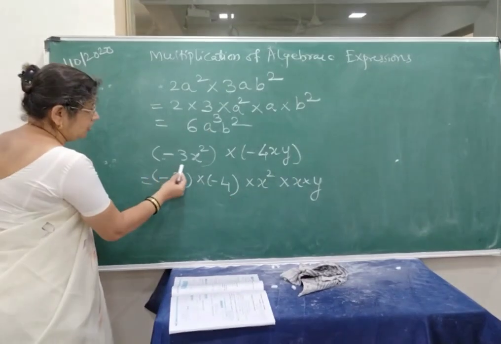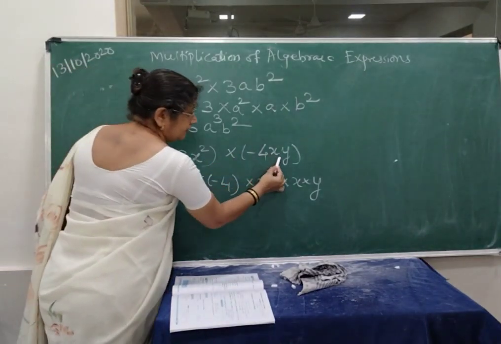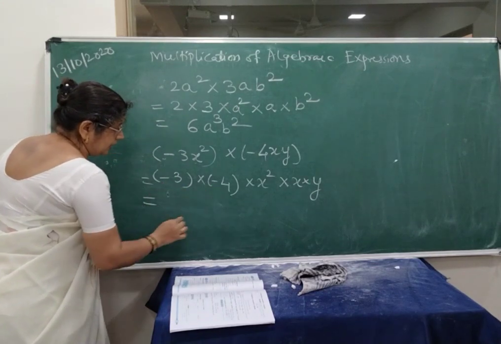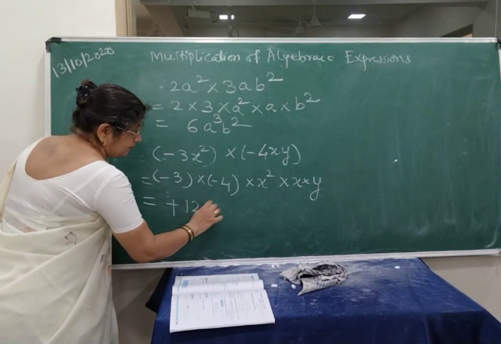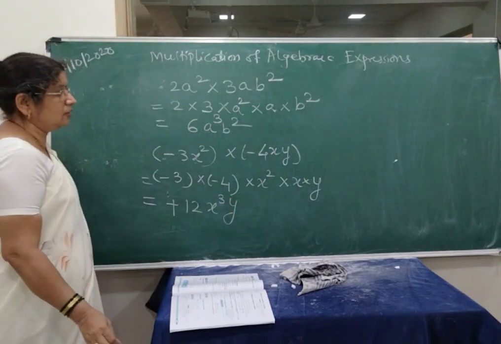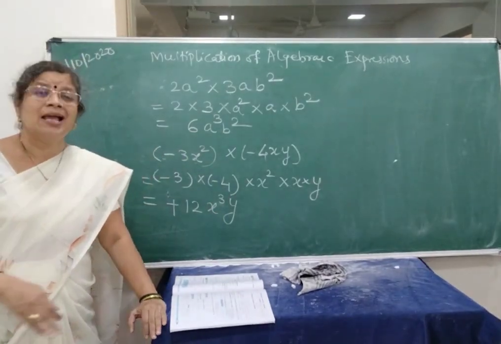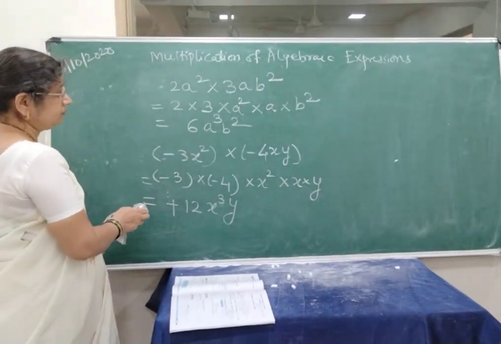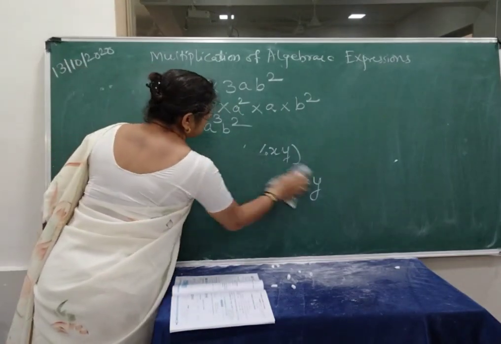I have taken the coefficients first, then the variable of the first term, and then the variable of the second. Now minus minus will become plus. 3 4s are 12, x cube y. Understood? That means first you will multiply the coefficients and then you will go for the variables. This is the solved example.